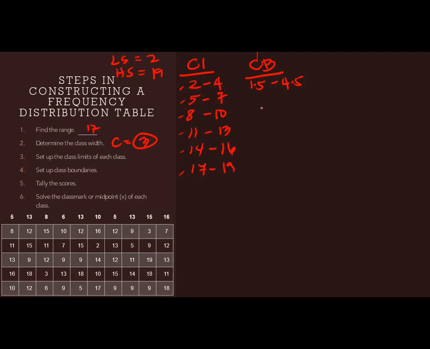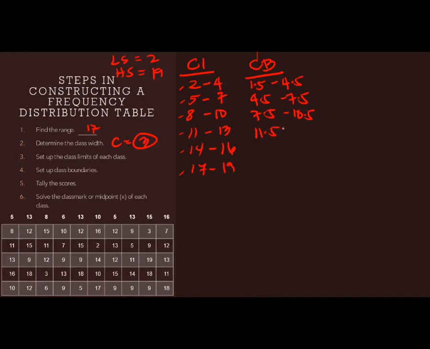So we just subtract 0.5 from the lower limit, and for the upper limit, we add 0.5. So this is 4.5 to 7.5. Then 7.5 to 10.5.